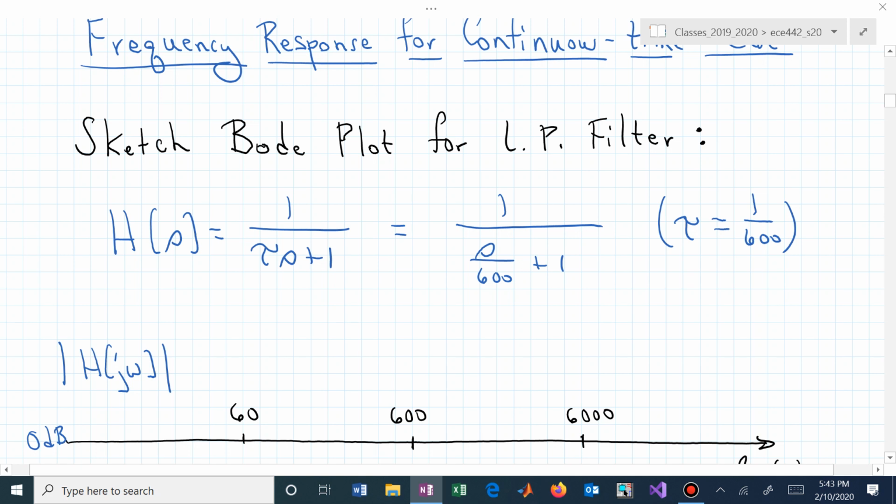Remember, we wanted a bandwidth of 100 hertz. That's a bandwidth in radians per second of 2 pi 100, and we simply rounded pi to 3 so that we have 6 times 100, that's 600. That's the pole's location, and that gives us our bandwidth of a first order low pass filter, having a bandwidth of 100 hertz. How do we sketch that now in the Bode plot?